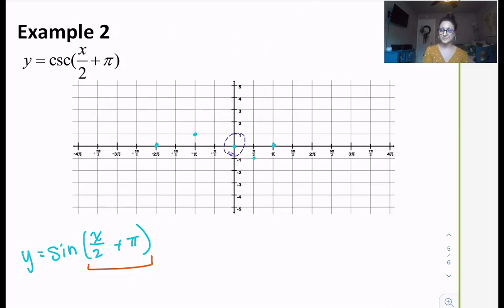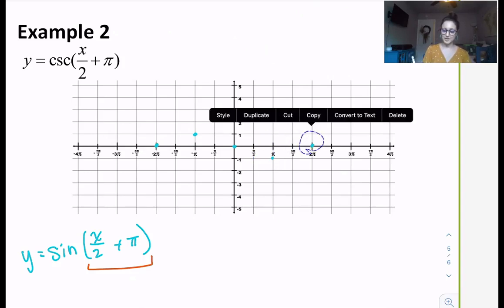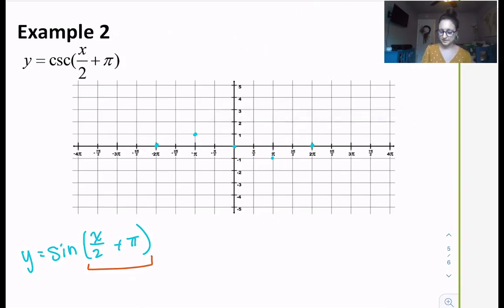This x value is 0, so if I multiply that by 2, I still get 0. This x value was pi over 2, so multiplying by 2, I get pi. This x value was pi, multiply by 2, I get 2 pi. Okay, so that sine function looks like this. Remember, concave down, then switch to concave up.